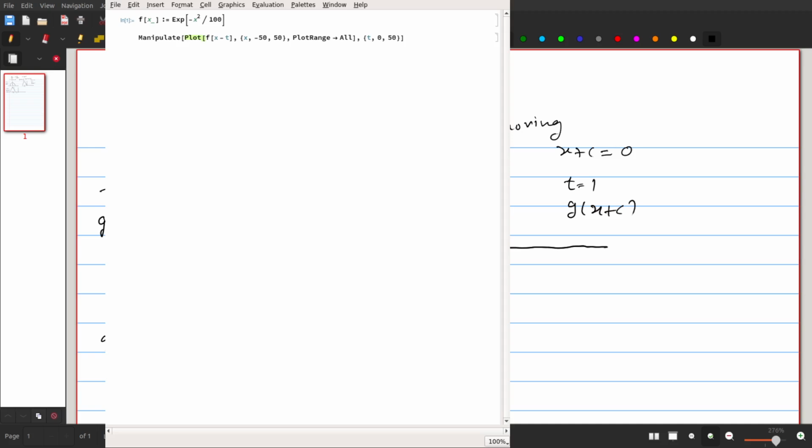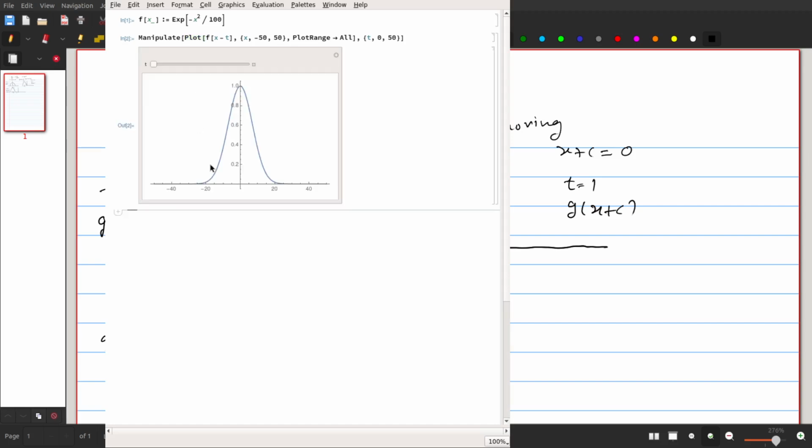So if we plot this thing, we get this graph. This is showing the plot of f(x - t) at t equal to 0. At t equal to 0, it is localized at 0, and if we increase time, this is moving to the right. So this is our right moving wave.